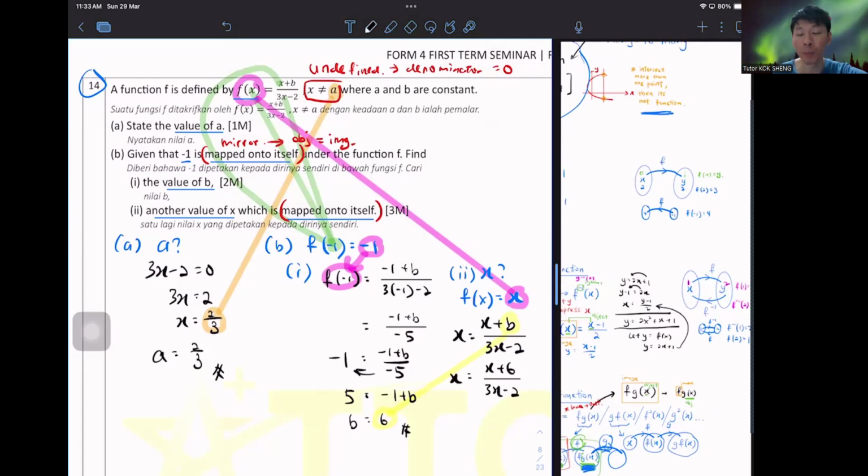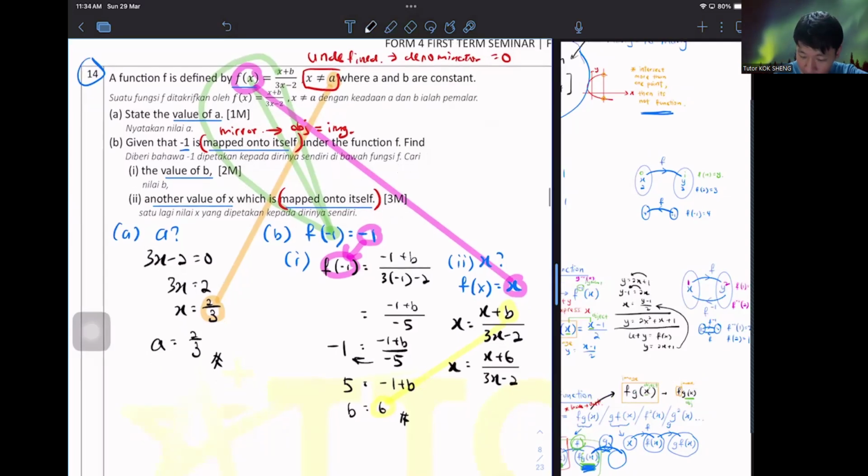Okay, and then we can continue. This one need to go through chapter 2 already. I think all of you learned chapter 2, right? Should be. Fraction, bring over first, the bottom. x times 3x minus 2. Expand the bracket. x times 3x, x times negative 2. And yes, this one I'm going to go through it with the general form.